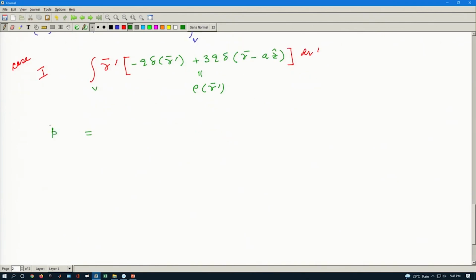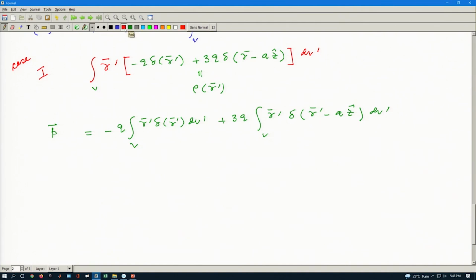Now, I execute this part over the entire volume. So, my P in this case is simply, I can take minus q outside and the integration of r prime delta r prime dV prime, and another integration is plus 3q integration r prime delta r prime minus a z unit vector dV prime over V. Now, you can see that this quantity should be 0 because I need to put r prime 0 as per the rule of the delta function.